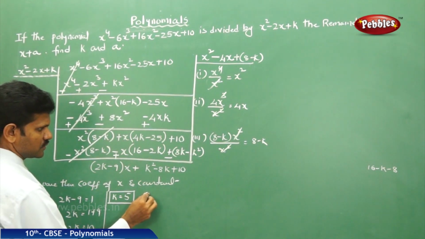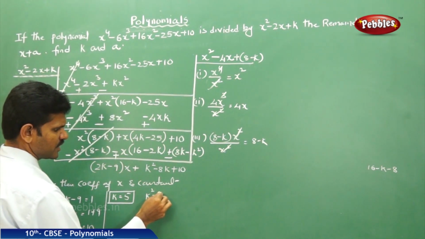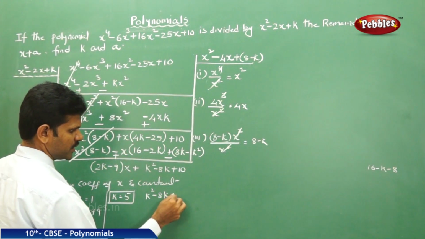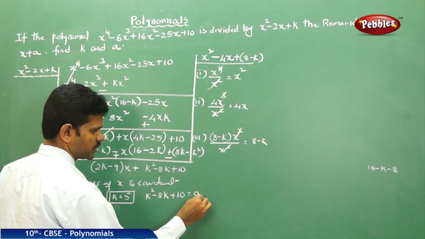Next, k square minus 8k plus 10 is equal to a. Why?